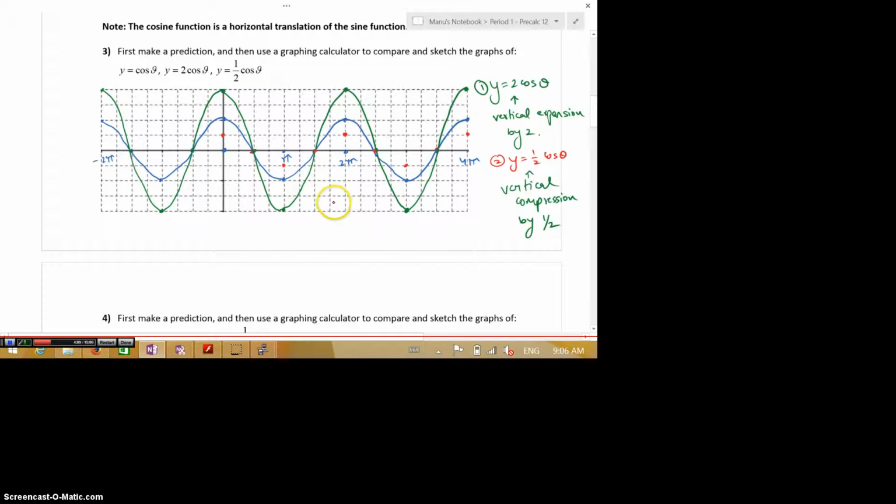So your graph is going to look something like this. All the y values are going to be cut by a half. And of course the blue one I didn't label is the original.